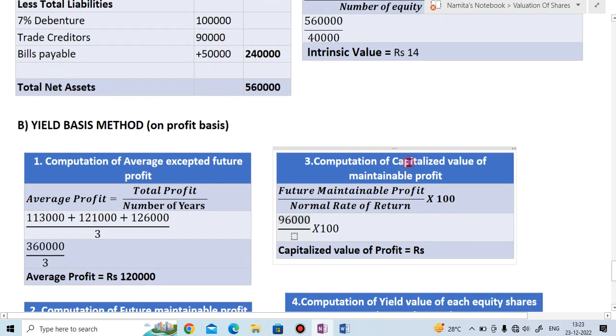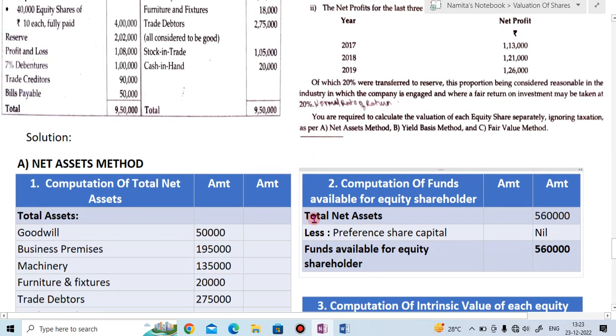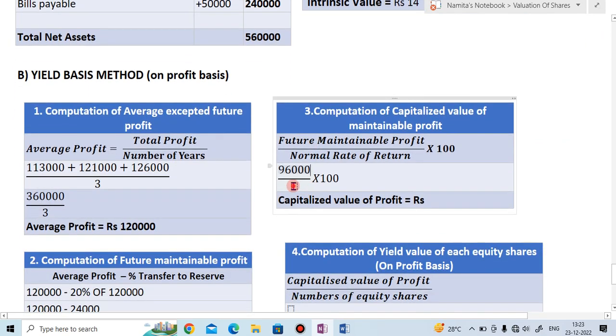Normal rate of return. Now normal rate of return is how much here in the question? Fair rate of return on investment is 20%. So 20% is the normal rate of return, multiplied by 100. So 96,000 divided by 20 multiplied by 100.